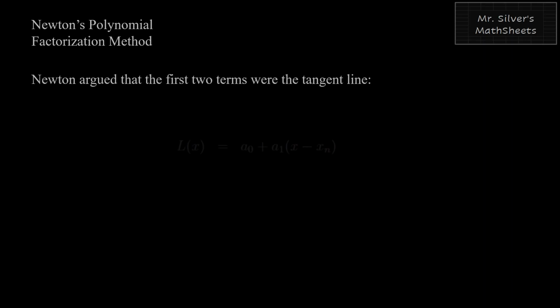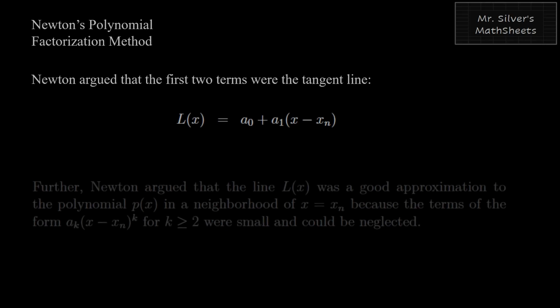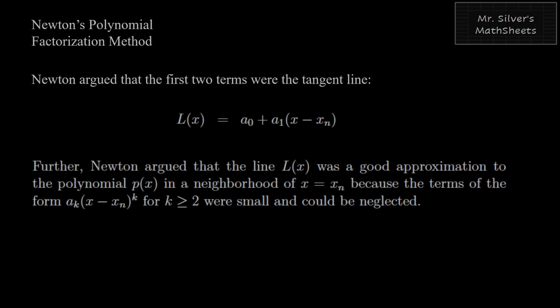Newton argued that the first two terms of this expansion were the tangent line. And further, Newton argued that the line L is a good approximation for the polynomial because the higher order terms were small and can be neglected.